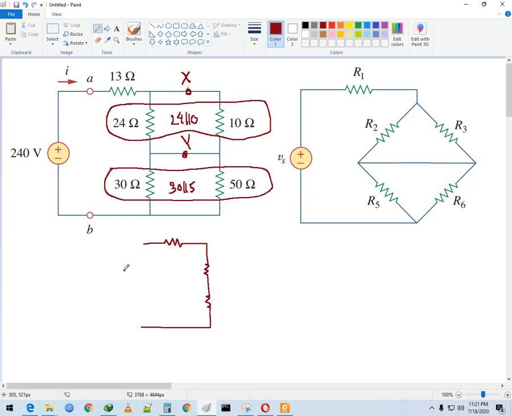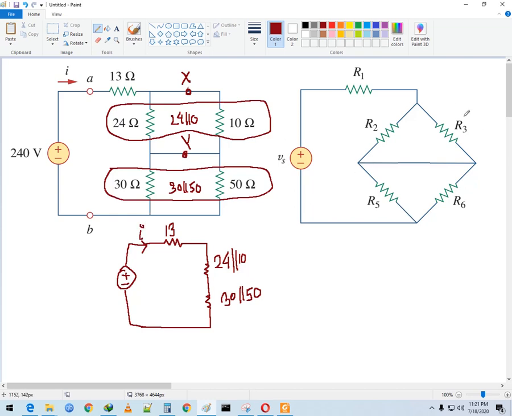So this will be our 240 volt source, this was our 13 ohm, this is 24 parallel 10, and this one is 30 parallel 50. So this is how we can simplify this. Now it's quite easy to solve for I.